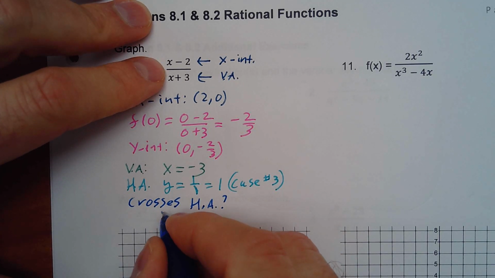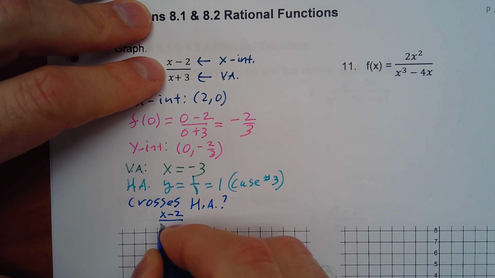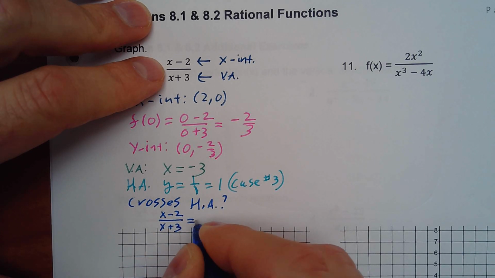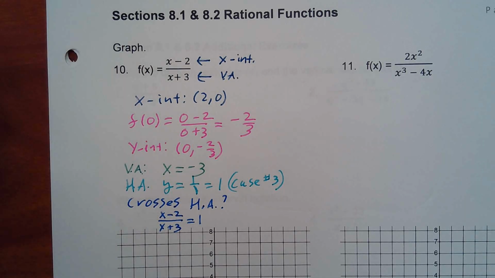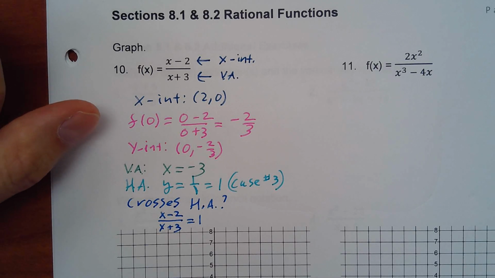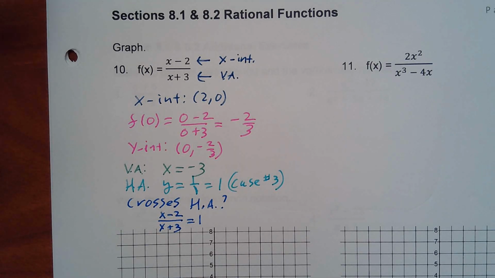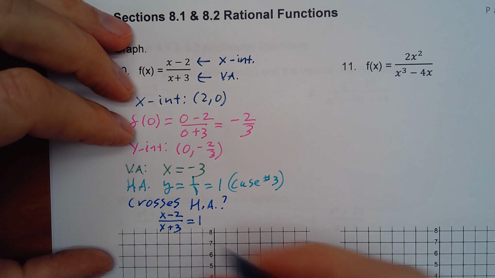So what we can do is set x minus 2 over x plus 3 equal to 1. And now I'm solving a rational equation. Well, multiply both sides by the LCD.